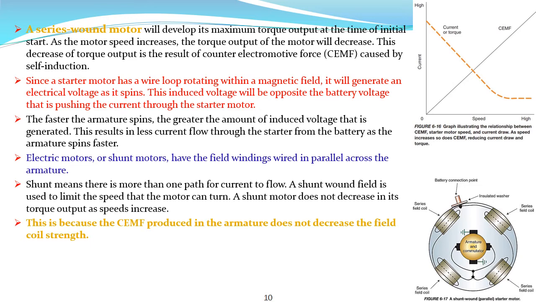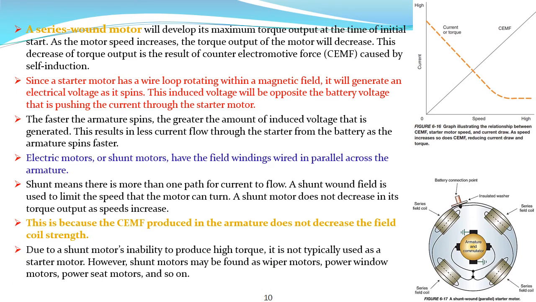This is because the CEMF, counter electromotive force, produced in the armature does not decrease the field coil strength, the strength of the magnetic field of the coil.